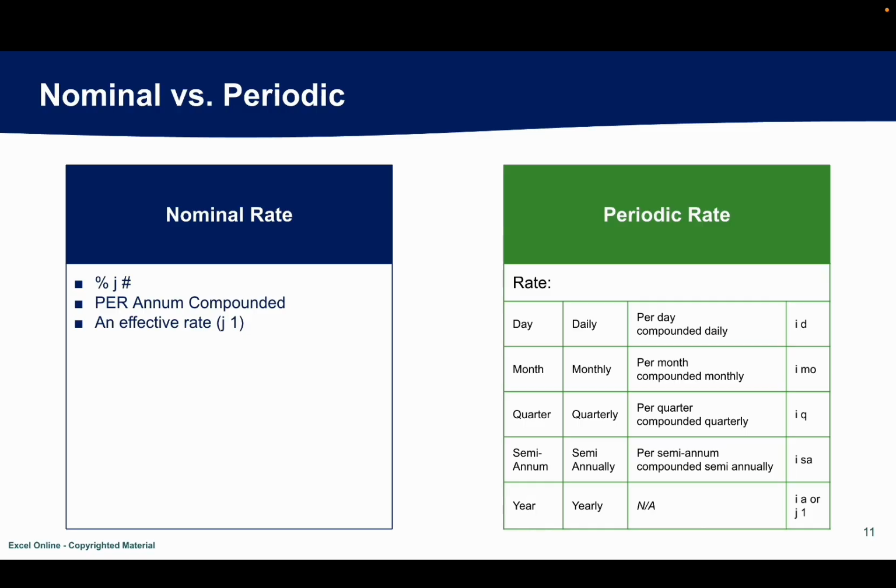And it can be called a rate per day compounding daily, rate per month compounding monthly, per quarter compounding quarterly, per semi-annum compounding semi-annually.